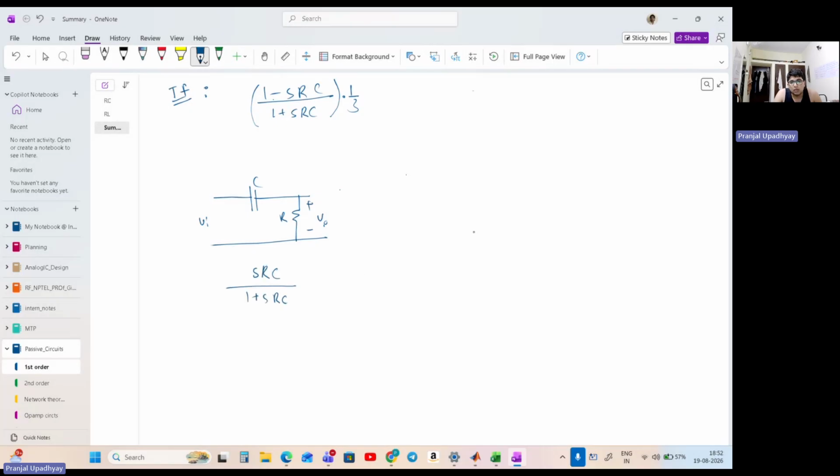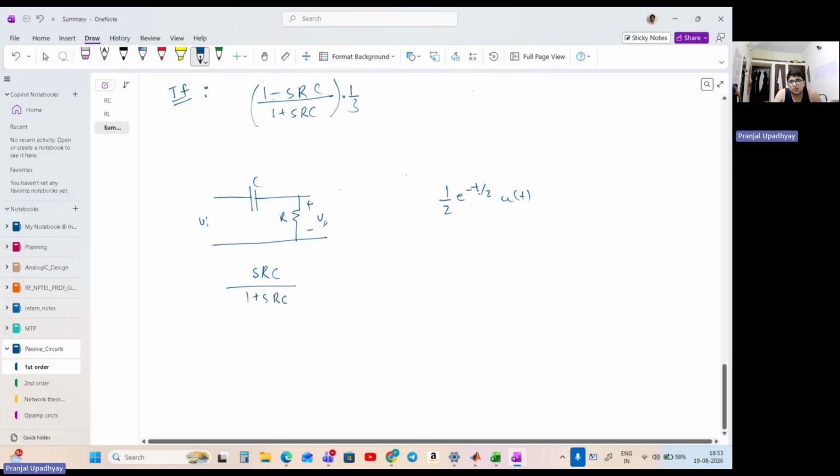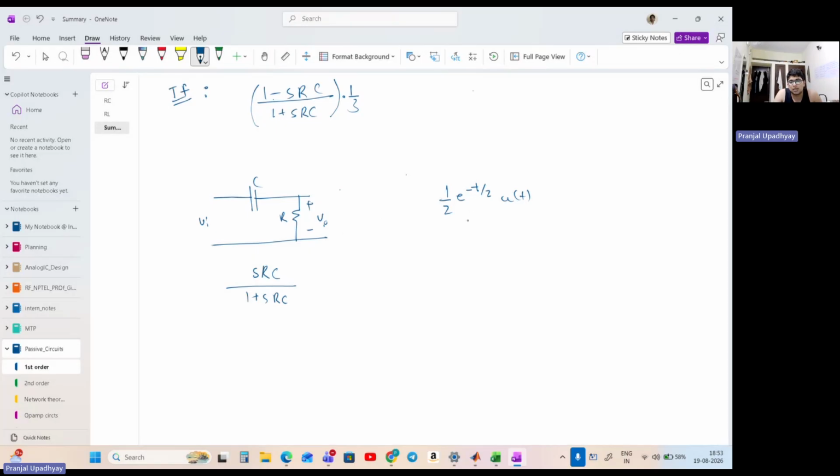Now we know already that for a low pass system, the impulse response will be given by 1 by tau e to the minus t by tau u(t). And now, since this is basically akin to S times tau, this means that if I want to find the high pass response of a system, I can simply take its derivative.